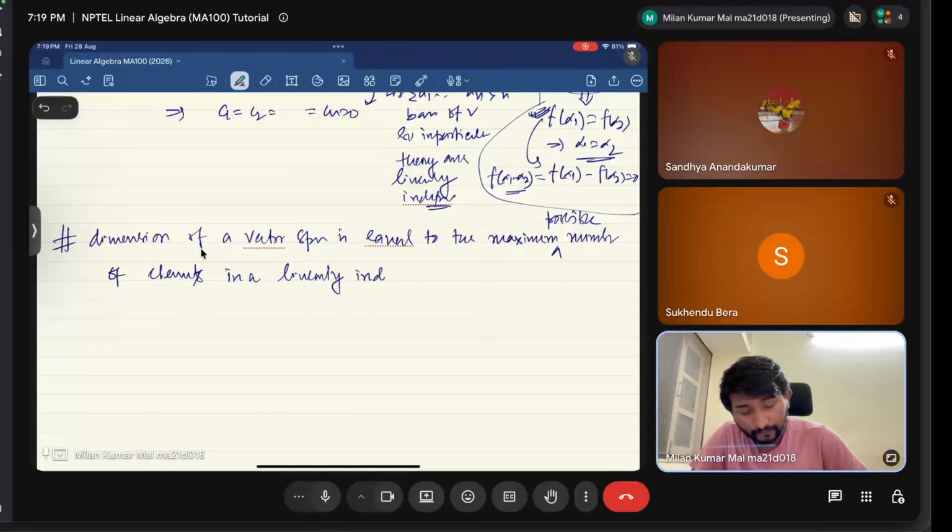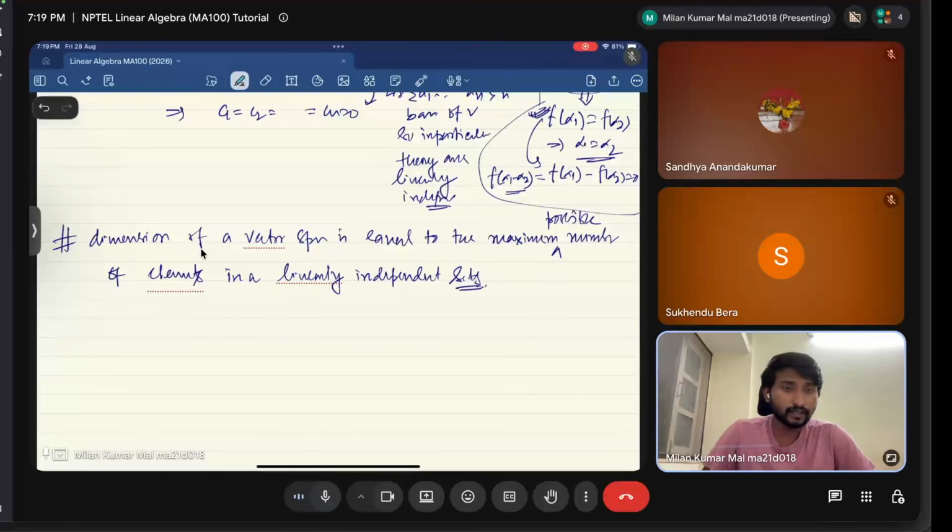That means there can be many linearly independent sets, but the dimension of a vector space will be the maximum number.